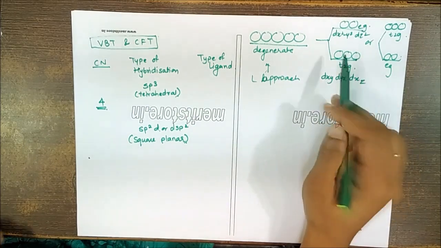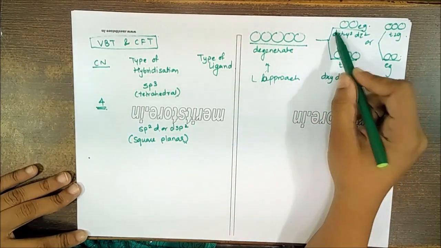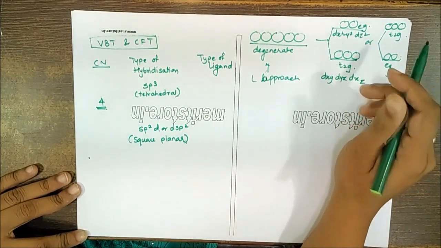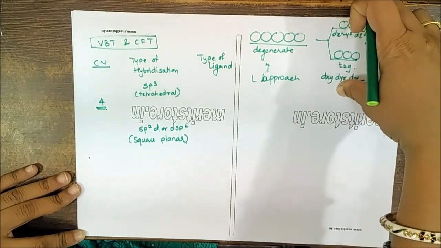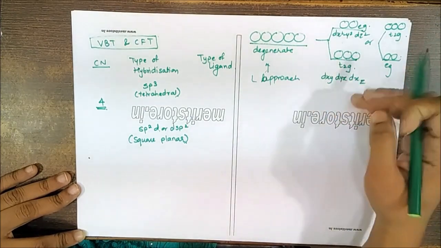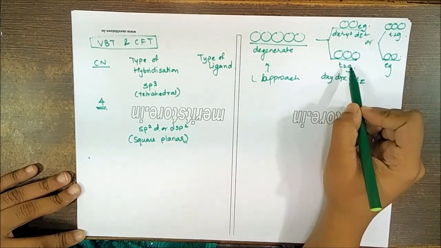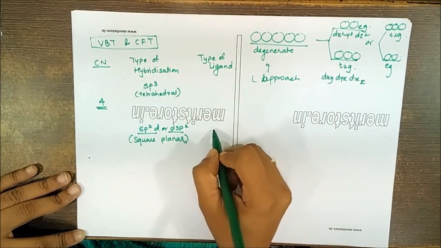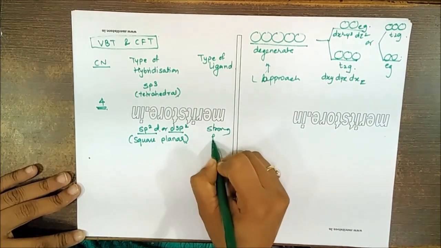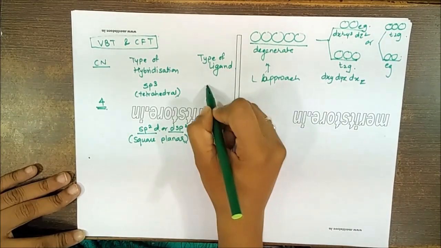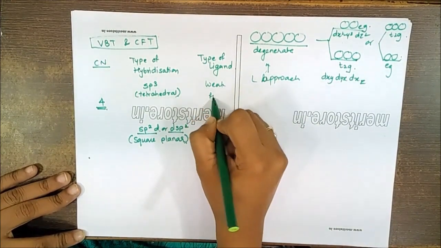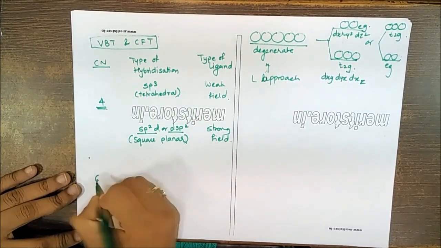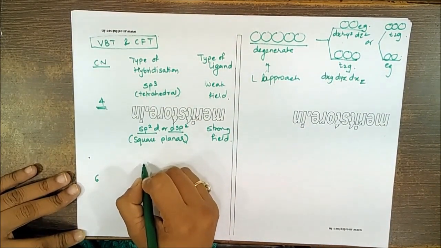Now this splitting will decide how much gap is created between these, and that totally depends on the type of ligand. If this gap is very large, the electrons will prefer to stay in the inner shells, and inner shells generally prefer dsp2 hybridization. That is because of the strong field ligand. But if it is a weak field ligand, then it generally gives us sp3 hybridization. If coordination number 6 is there, it's an octahedral geometry only.